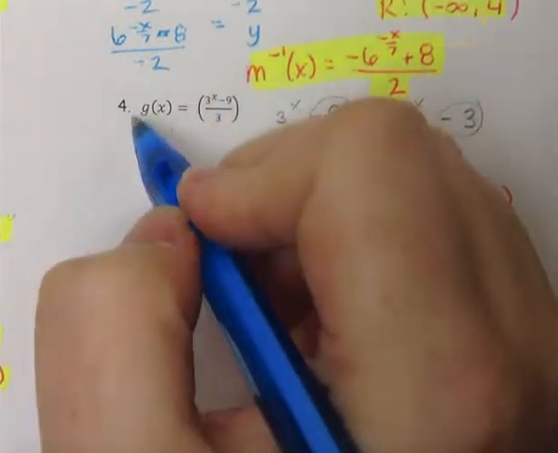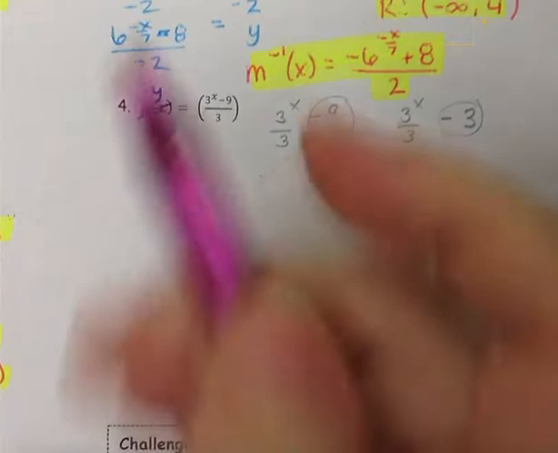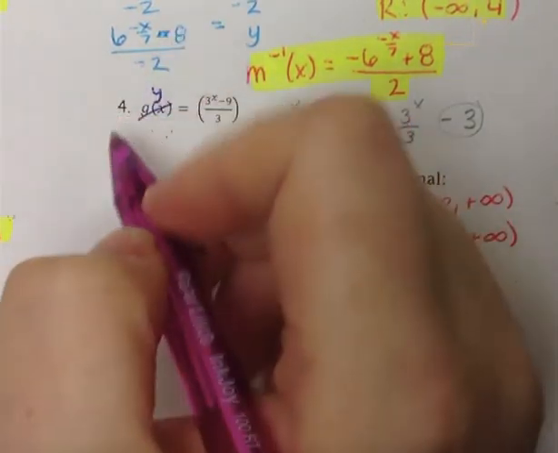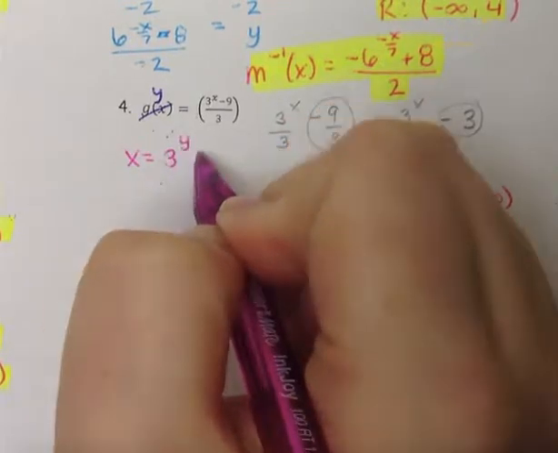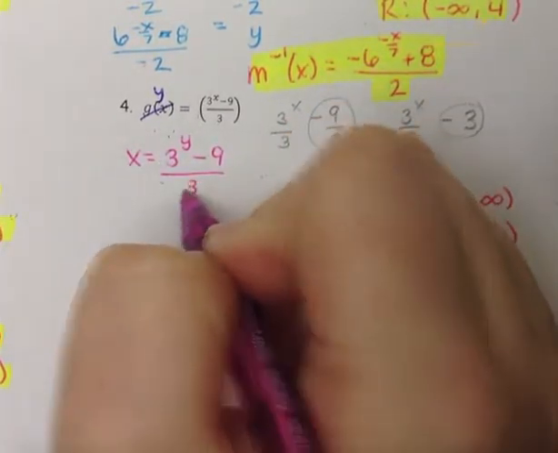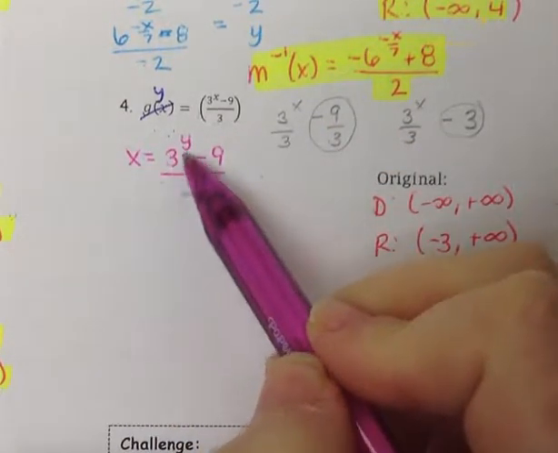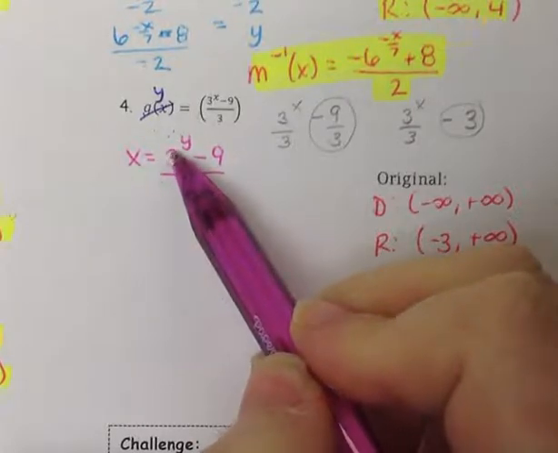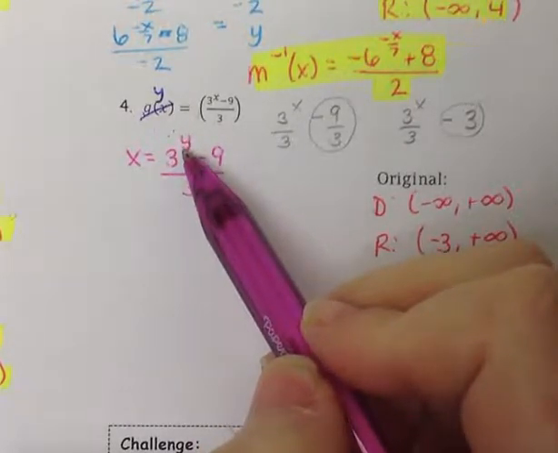Go ahead and change your g of x to, say, a y, and then we will rewrite this, flipping the x's and y's. We'll have x equals 3 to the y, and then that minus 9, and then all of that divided by 3. We need to get the 3 to the y because it's the base, and whatever's in the exponent, that has to be alone before we can even try and convert it.